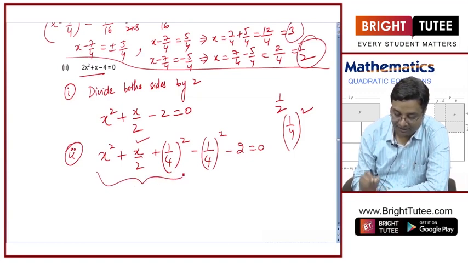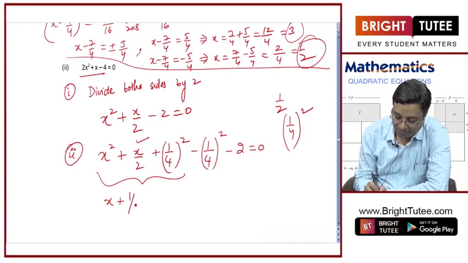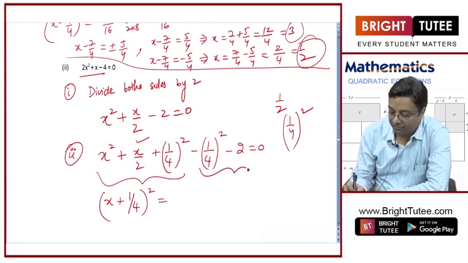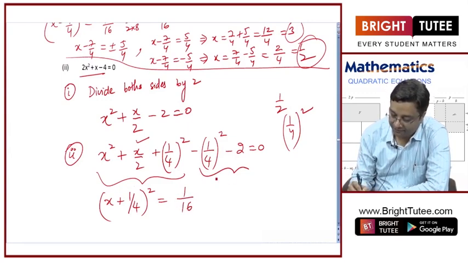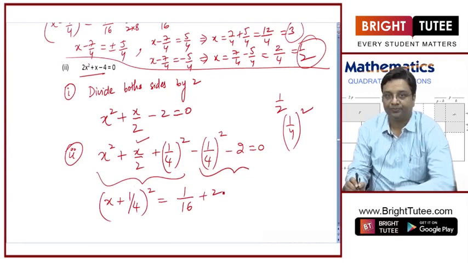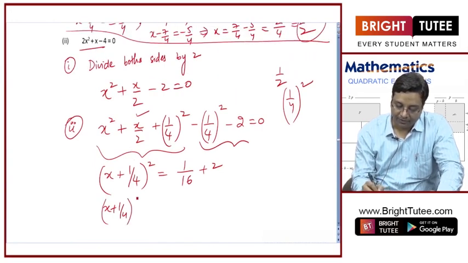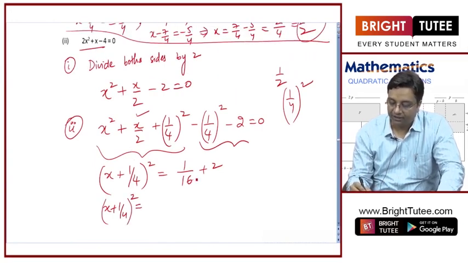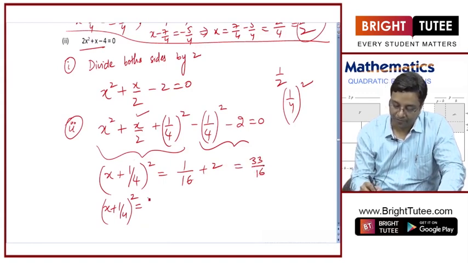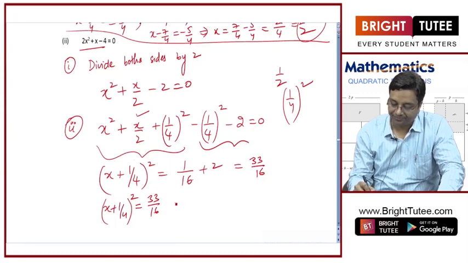Now this part has become a complete square, so it will be x plus 1 by 4 square, and the rest of the terms I can take to the right hand side. So it will be 1 by 16 plus 2, alright. So x plus 1 by 4 squared will be equal to 16 into 2, 32, 32 plus 1 is 33 by 16, 33 by 16.